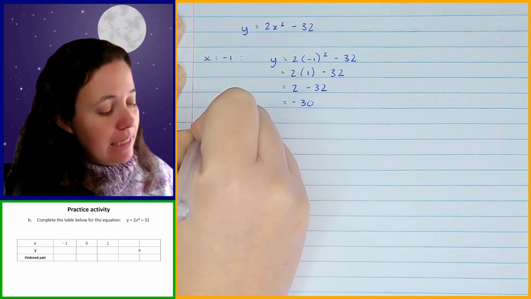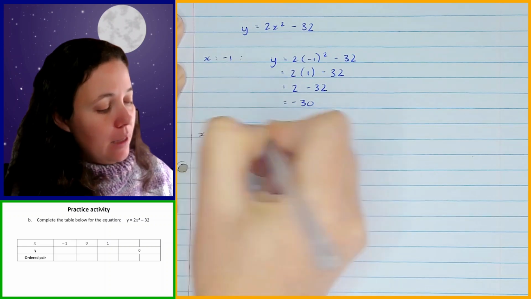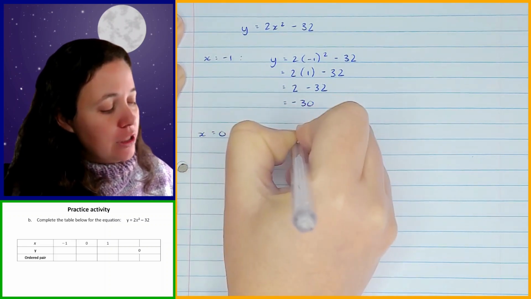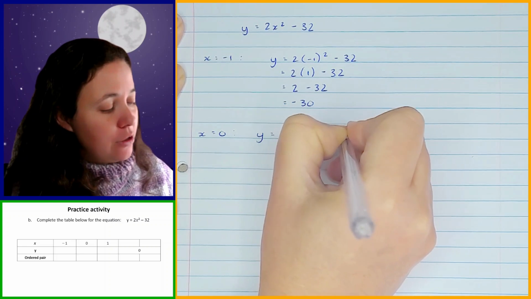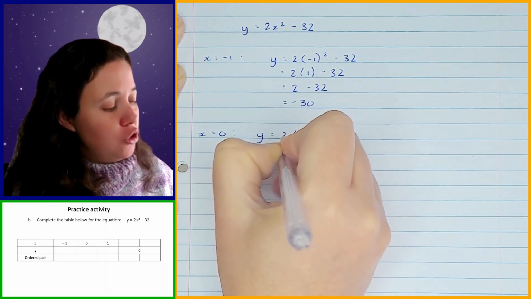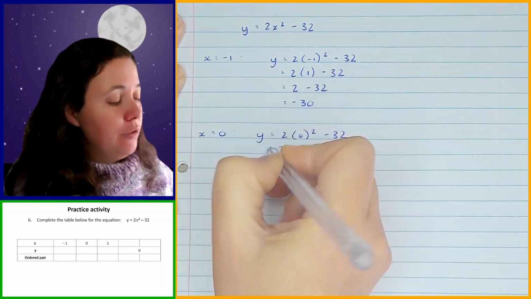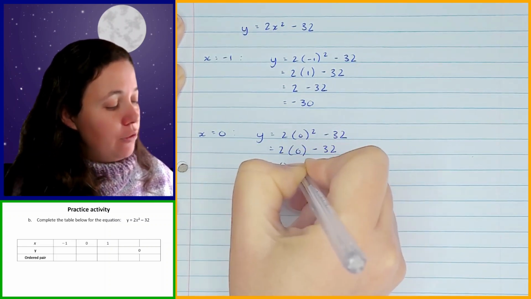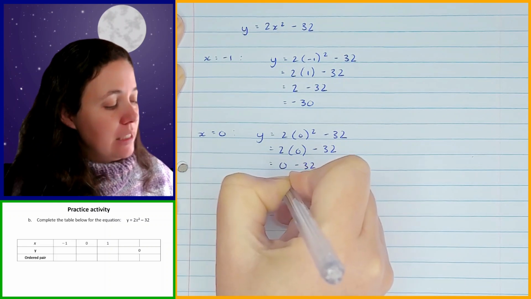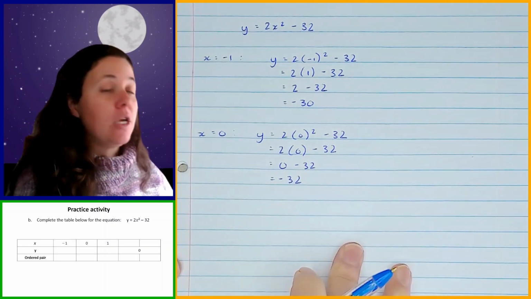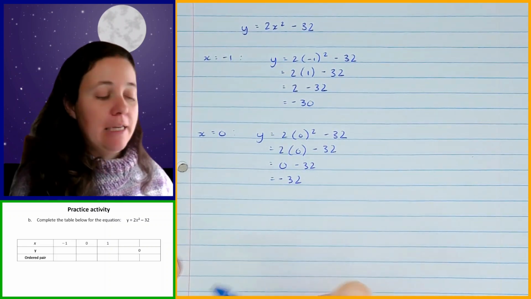Right, the next one is if x is 0. So y is equal to 2 times 0 squared minus 32. So that's 2 times 0 minus 32. 0 squared is still 0. And that gives us 0 minus 32, which is just -32. So if x is 0, y is going to be -32.